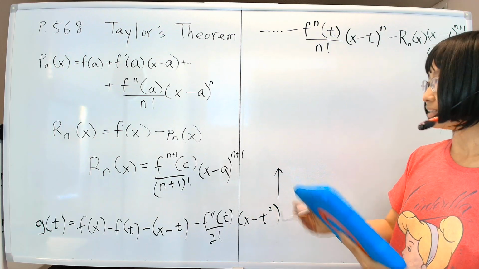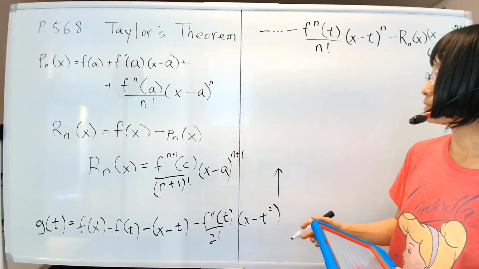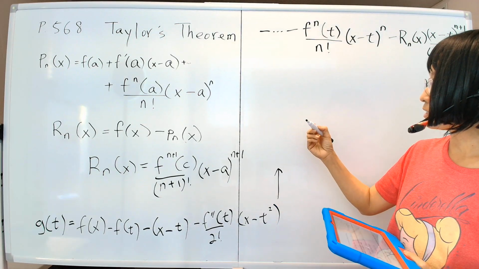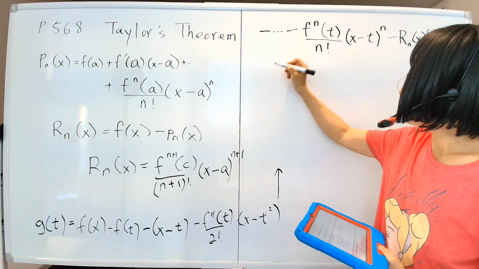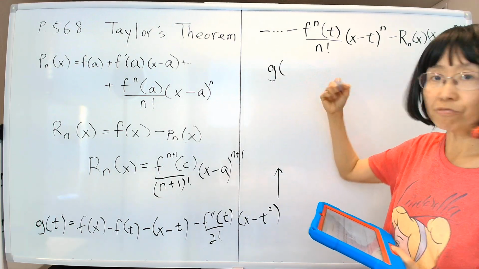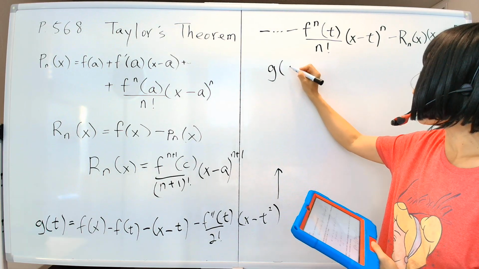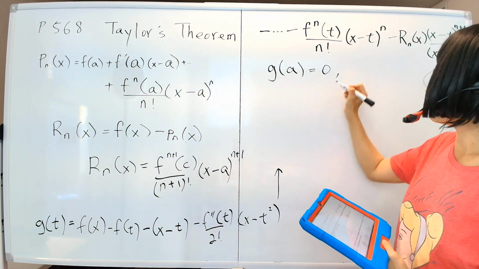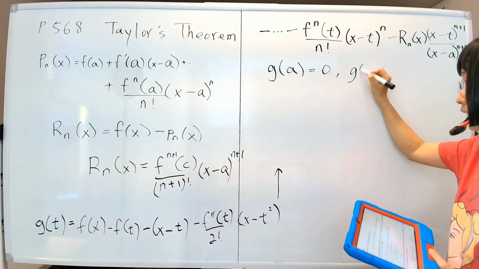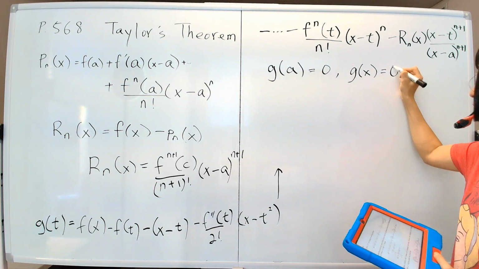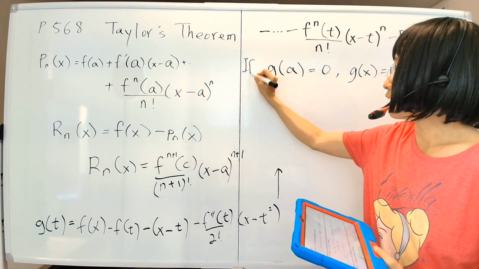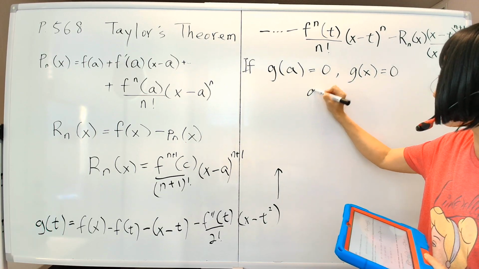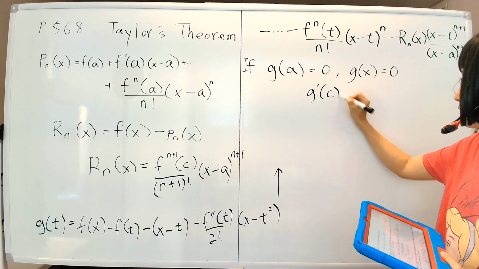Having done that, the next thing we're going to talk about is Rolle's theorem from Calculus 1. If you don't remember what Rolle's theorem is, it basically says if you have g of some point, in this case let's say a, and you somehow can prove it equal to 0, and then g of another point, let's say x, also equals 0, then by Rolle's theorem, g prime of some point c will be 0.